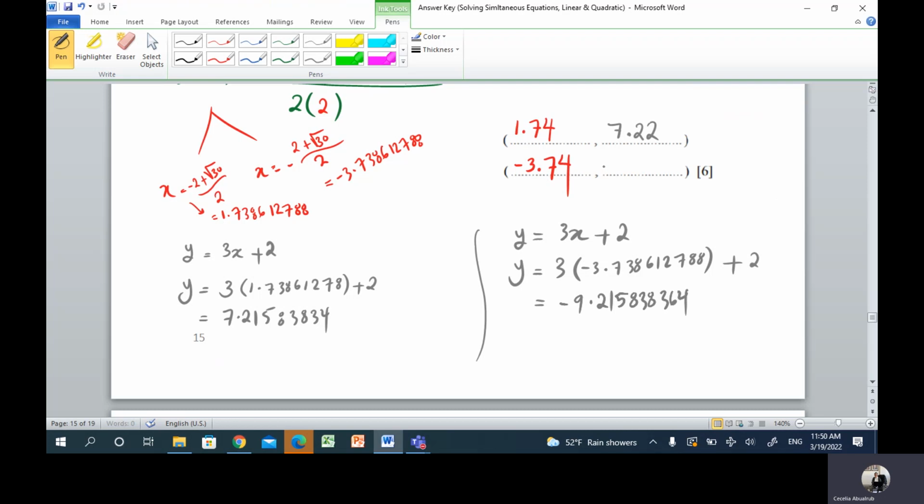So the second y is negative 9 point, the first decimal is 2, then we have the 1, so 5 comes after the 1, so it will be upgraded to 2.